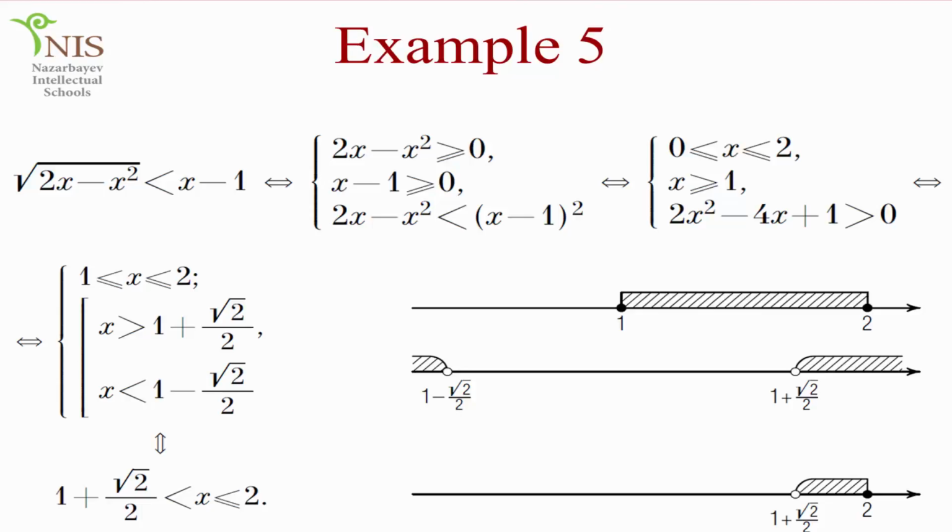So by taking the intersection of these 3 answers, we get the last answer where x is between 1 plus square root of 2 divided by 2 and 2.